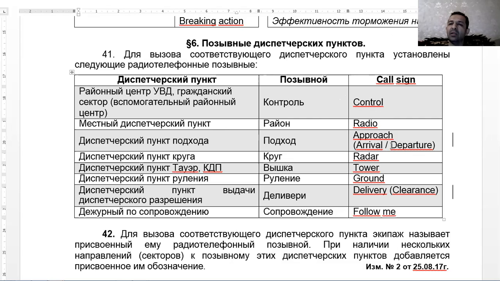For controlling approaching and departing aircraft, there will be approach control. Its call sign will be approach. Radar, in Russian Krug, is the control unit between approach and tower.